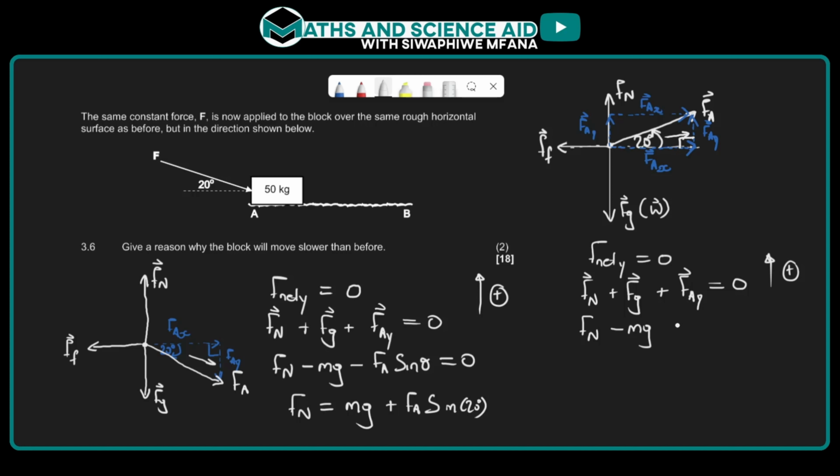As we had already discussed, we can represent Fa of y by Fa sine of the angle theta, which is 20 degrees here as well, because Fa of y is opposite to this angle. So opposite over hypotenuse is sine. And now in this case, Fa of y is upwards, so this will be positive.